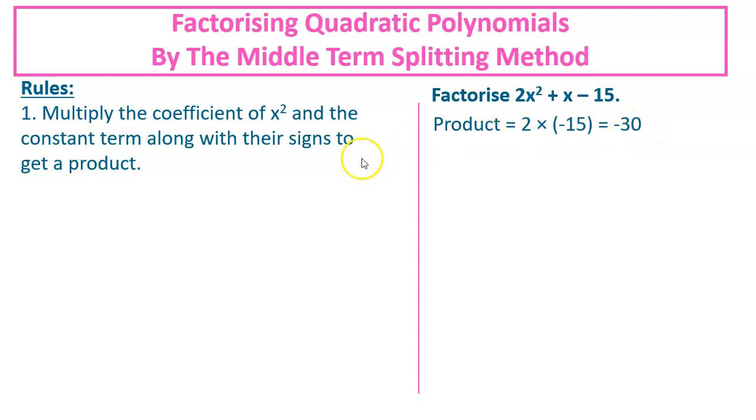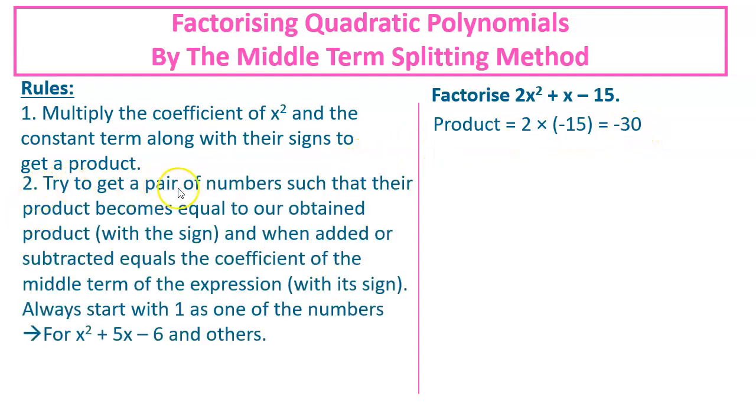Now coming to rule number 2. Try to get a pair of numbers such that their product becomes equal to our obtained product with sign, that is negative 30. We cannot have the two numbers multiplied together giving us a product of positive 30. We have to get a product of negative 30. And when those two numbers are added or subtracted, they should give us the coefficient of the middle term of the expression given, along with its sign.